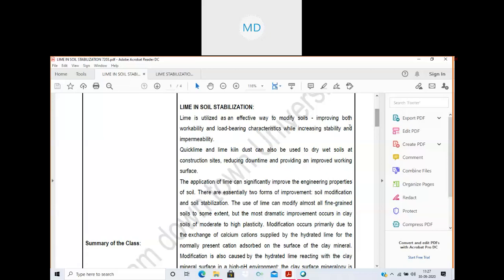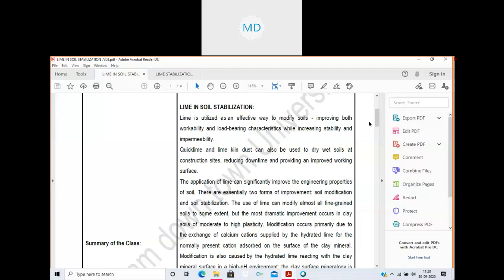So hydrated lime is generally preferred because it is safe for the workers who will be working there. Quicklime has some risk for the workers who work with it, because it reacts very quickly when it is exposed to the atmosphere, and it may cause harmful damage to the workers.